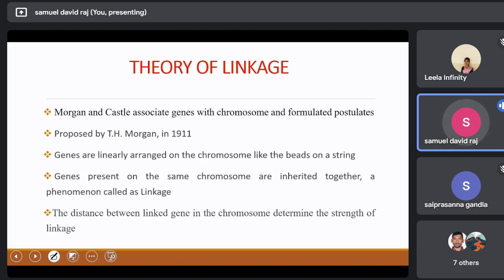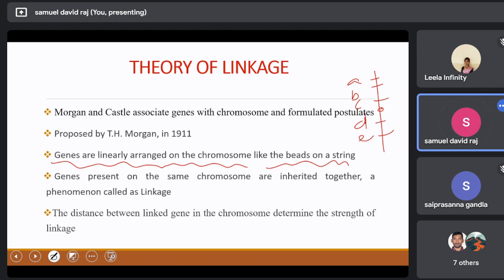Next, he says that genes are linearly arranged on a chromosome like beads on a string. So according to him, if we take one chromosome, there are genes which are linearly arranged on the chromosome like a string. When we take a string and add beads onto it, what happens?